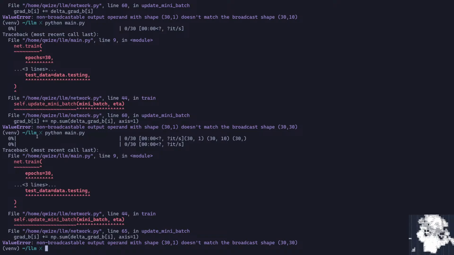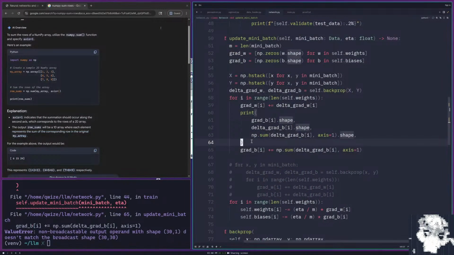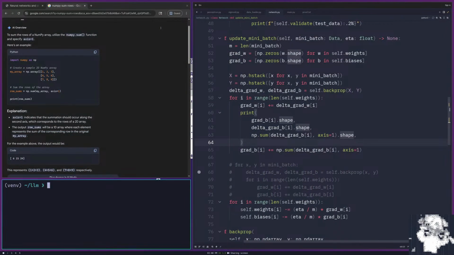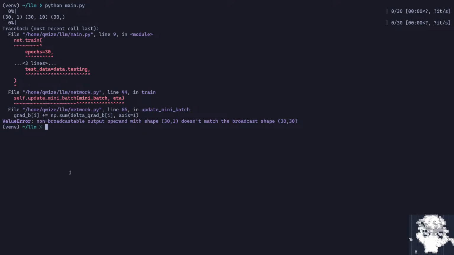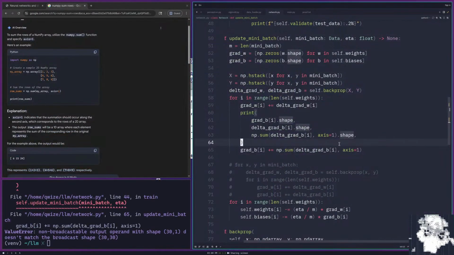Didn't print anything? Why would it not print anything? Clear, run it again. Okay, 30, 1, 30, oh, I have to reshape it, I guess? Because that just never works properly.